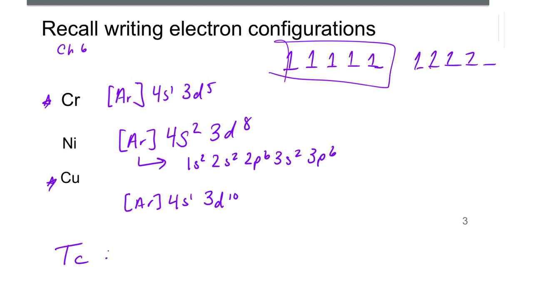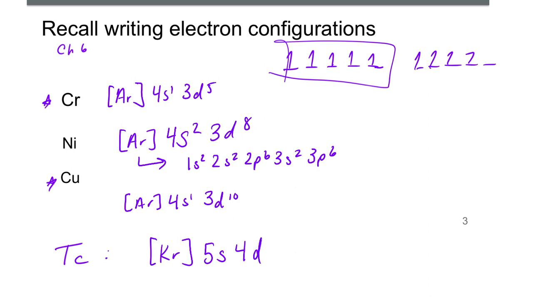So if we look at technetium, it's in row 5. The noble gas that occurs before that is krypton. So we'll put that in brackets. Then we're going to fill the 5s electrons. And we're going to have 4d as well.